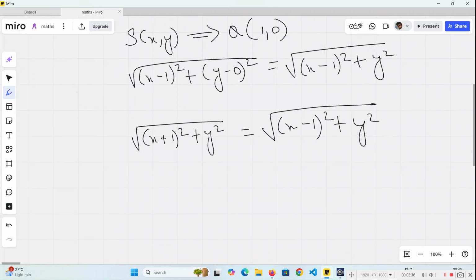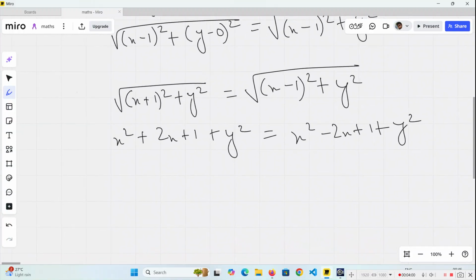Now if I square both sides, it will be x plus 1 whole square plus y square equals x minus 1 whole square plus y square. If I break it down, that will be x square plus 2x plus 1 plus y square, and this will be x square minus 2x plus 1 plus y square.